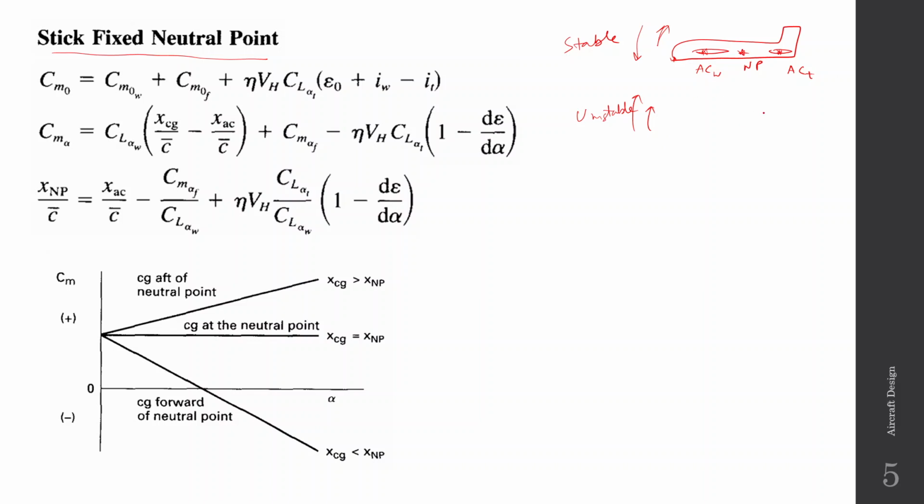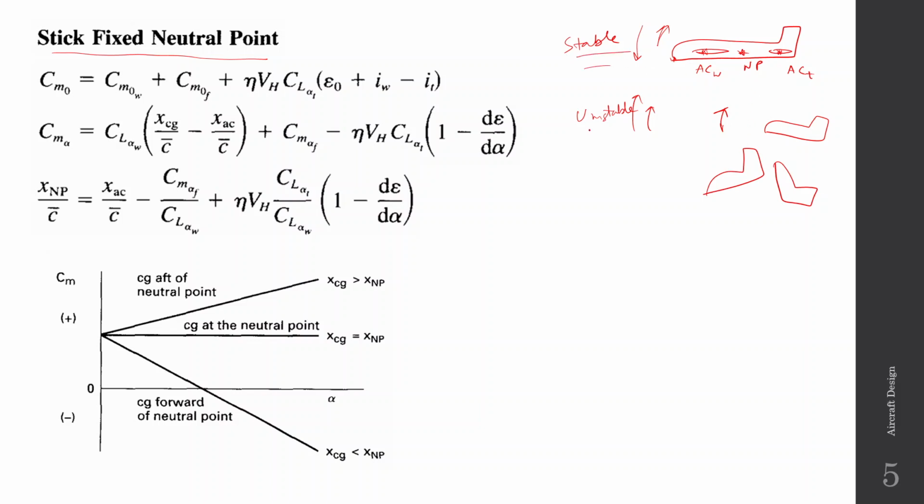Now, a neutrally stable aircraft is one where, whatever the angle of attack, there is no restoring moment and no unstable moment. There is no moment at all. So the aircraft can be stable at this orientation, at this orientation, or at this orientation. It can fly at any orientation, but this is not desired.